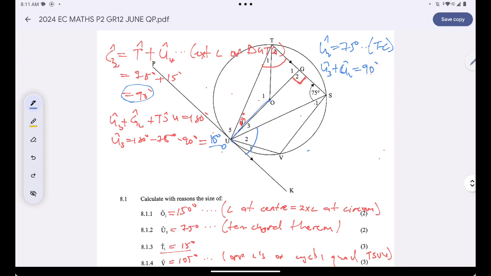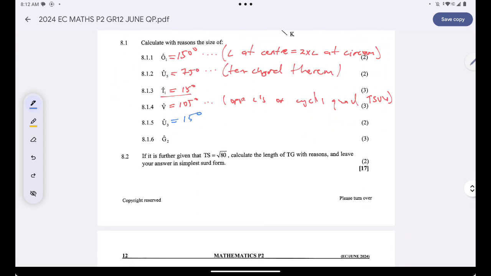Because these two are perpendicular, tan radius. Are you together? So we can find U3 by just saying U3 plus 75 is 90 degrees. Therefore U3 is equal to 90 minus 75, which is 15. Okay, we could have just used the tan radius rule to get 15, but it's fine, we did get 15.